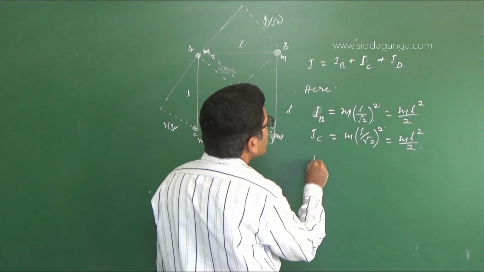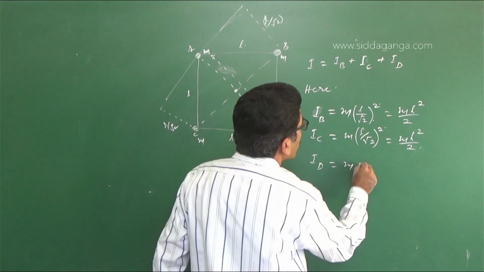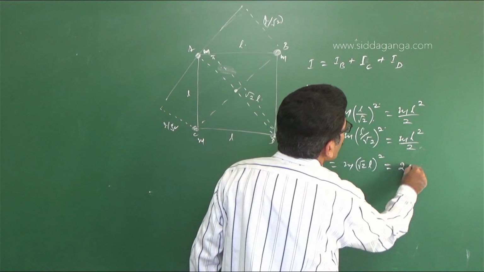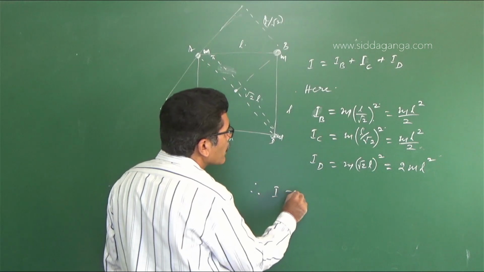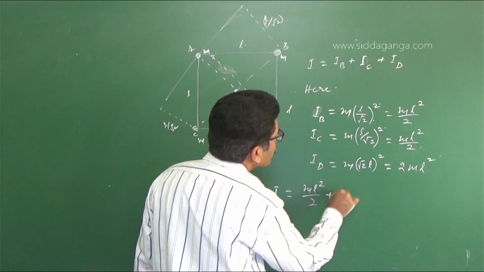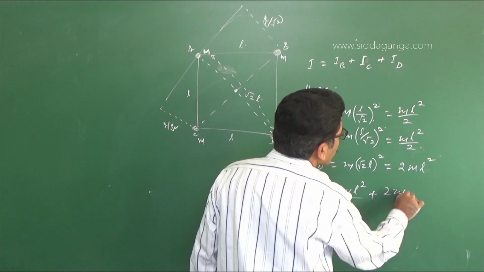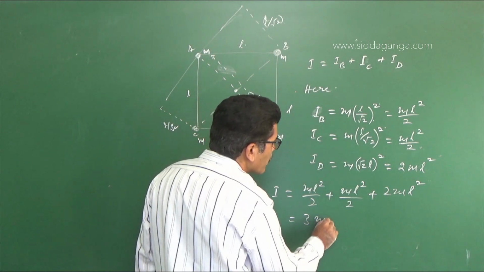And what is ID? ID is m into this particular distance, root 2 into L whole square. This is 2 ml square. Therefore, I becomes equal to ml square by 2 plus ml square by 2 plus 2 ml square. So you are going to get 3 ml square.